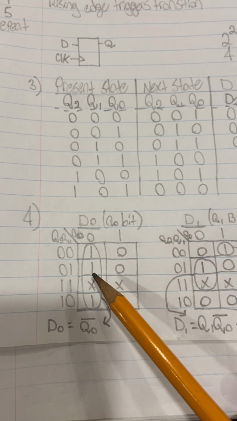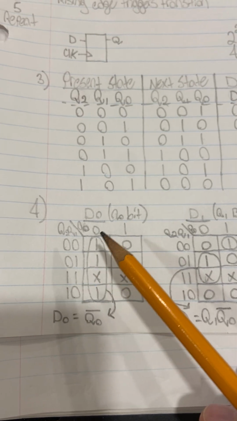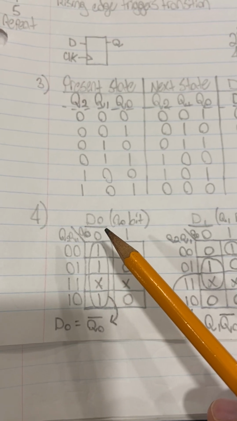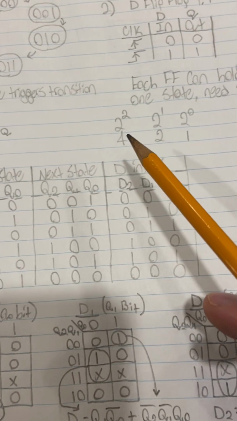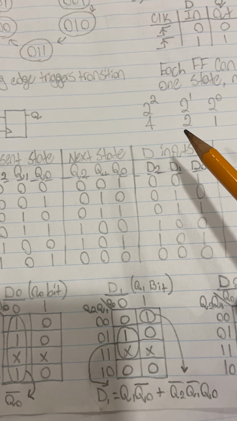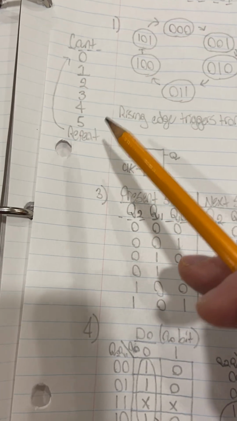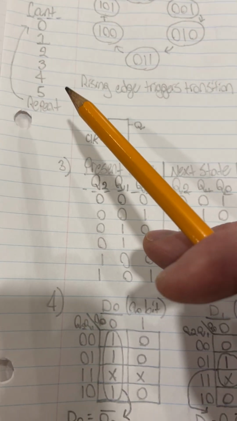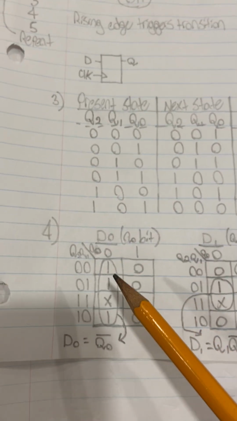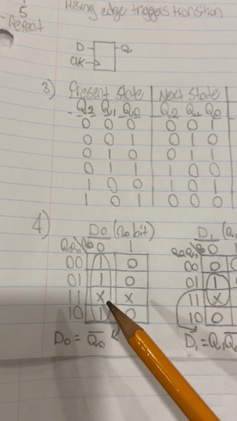So we fill a 1 out in the table. Now we look for 1, 1, 0, which is a high and a high and this is low, so that would represent a 6. We don't have 6 in our count, right? So we don't care about it. So in that situation, we just put an X here. That's for don't care.